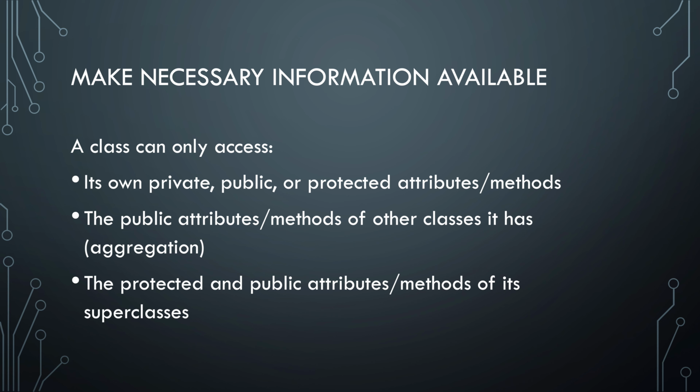A class can access its own methods, public attributes and methods of another class, and protected and public methods and attributes in its superclass. Again, Python doesn't have these access modifiers. But you'll be working in teams that use programming languages that do, so you do need to take this into account.